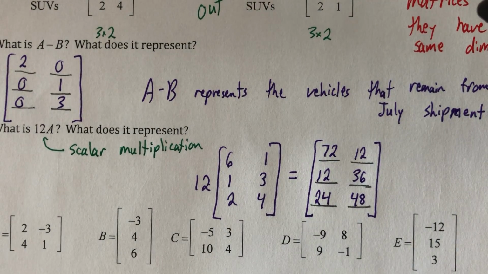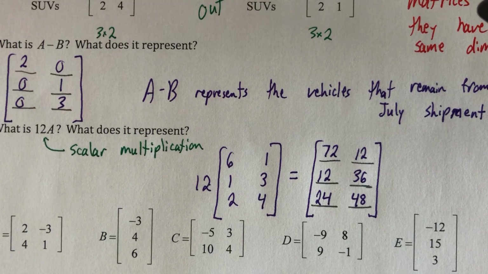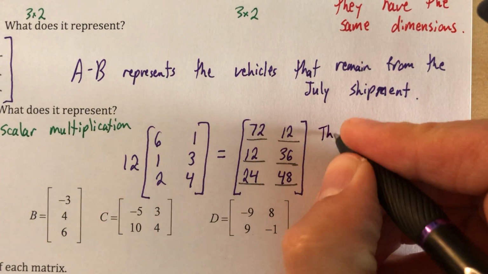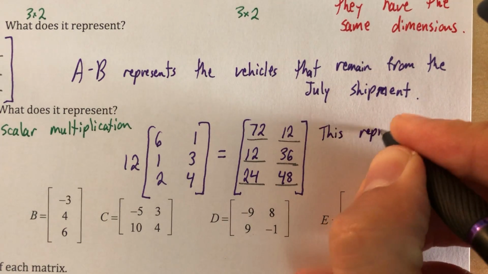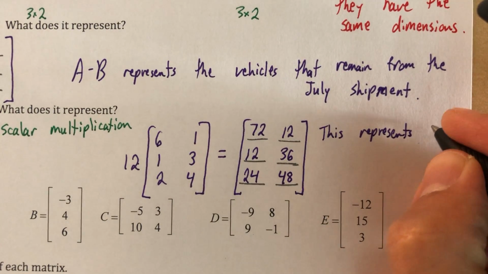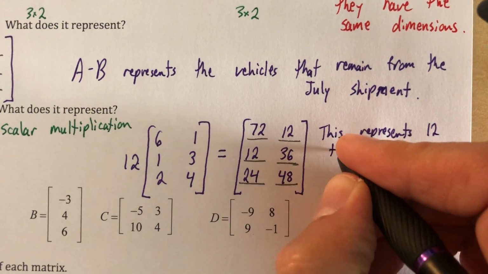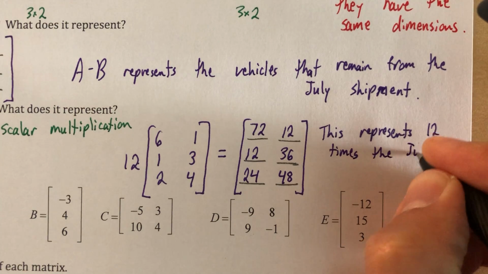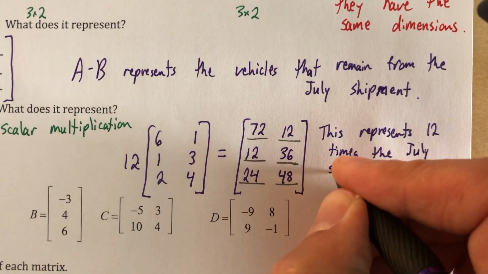So what does it represent? I'm going to write that out in words, and it represents this. This represents 12 times the July shipment.